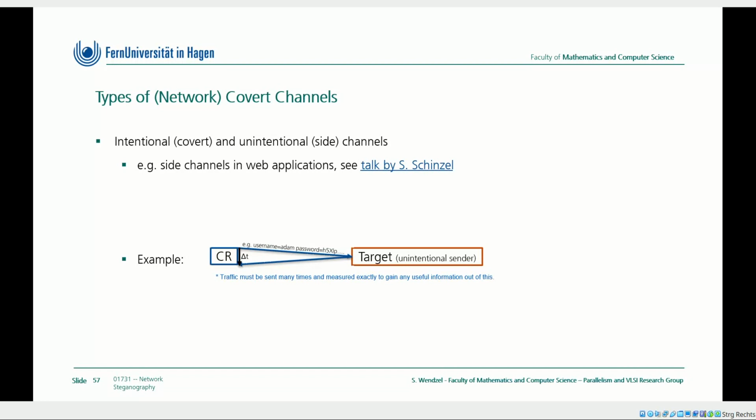Now, what would happen? Let's assume we send the user Adam and the password so and so. It first checks in its, let's say, SQL database whether the user Adam exists, and if it exists, it checks whether the password matches some hash value that is transferred, and then it sends back the response and says, well, invalid credentials, or hello, welcome Adam, you successfully logged in.